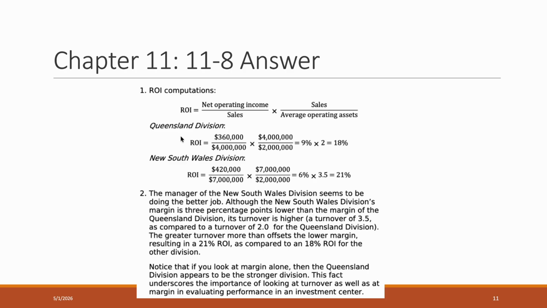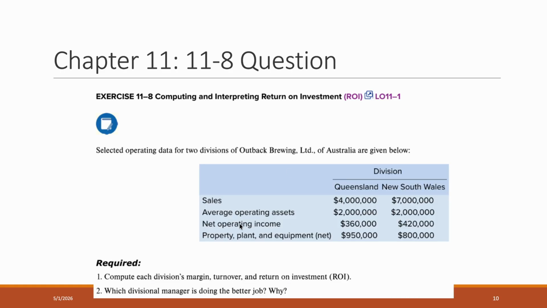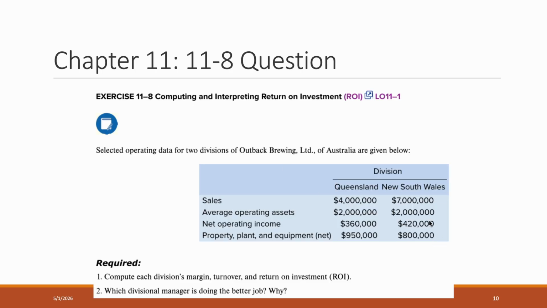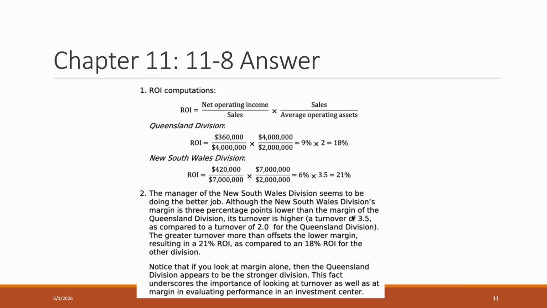So for the Queensland division, we have ROI is equal to the margin, which is going to be $360,000 of net operating income divided by $4 million in sales, times $4 million in sales divided by the $2 million in average operating assets. And so that gives you a margin of 9% and a turnover of 2. So that means our ROI is going to be 18%.